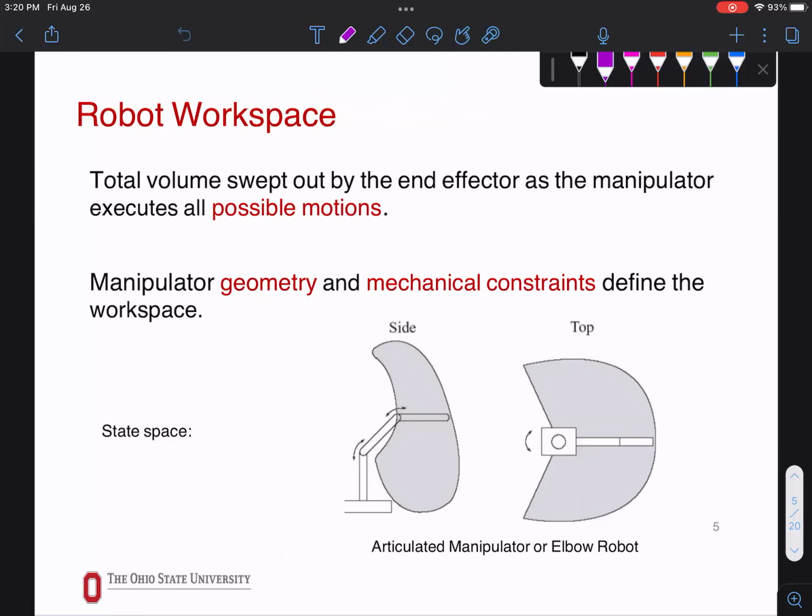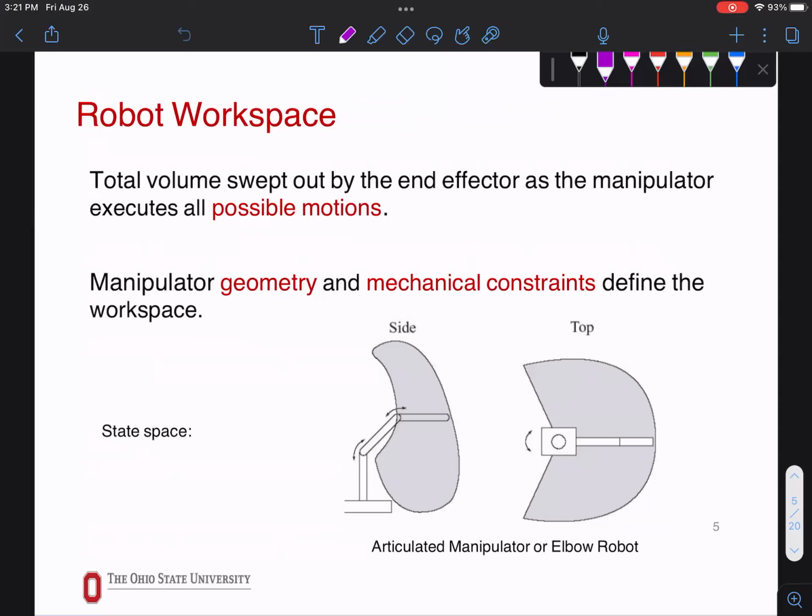Now, a robot's workspace is what I was talking about. Every robot, even if you have two similar robots, but they have different actuation limits, their workspace will be different. Do you remember me trying to grab his pen and not reaching it? So the pen is in the workspace of this robot, but not this one.